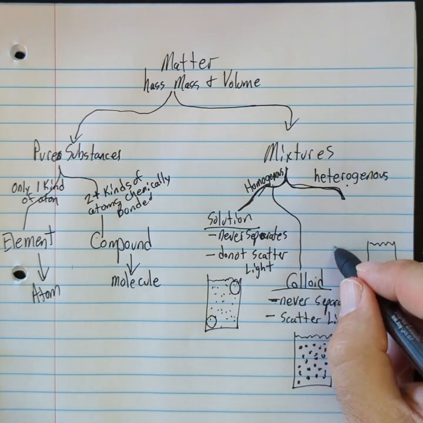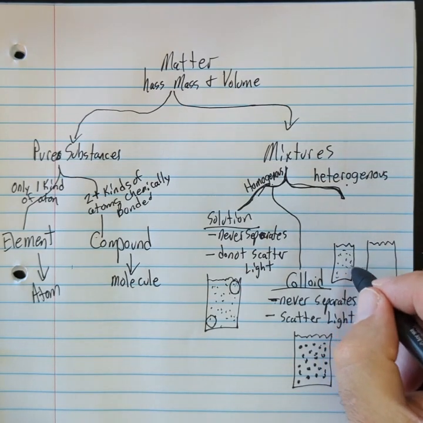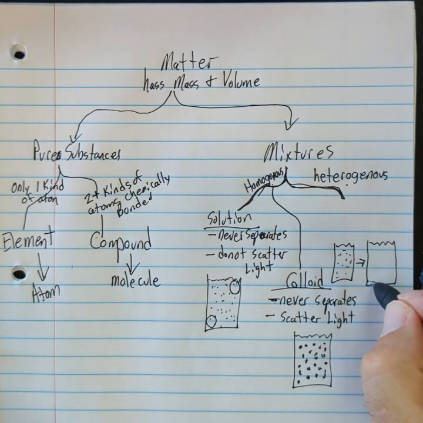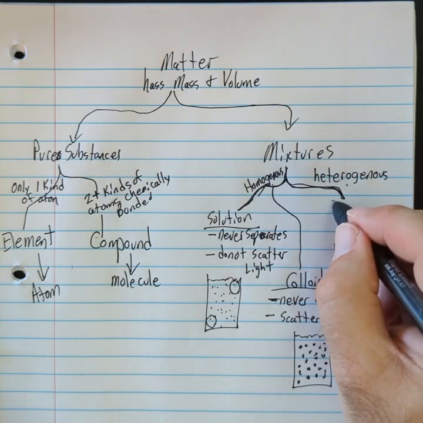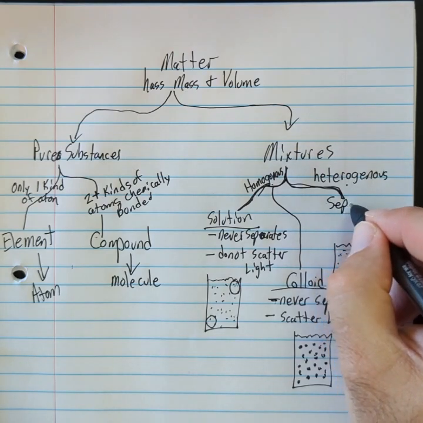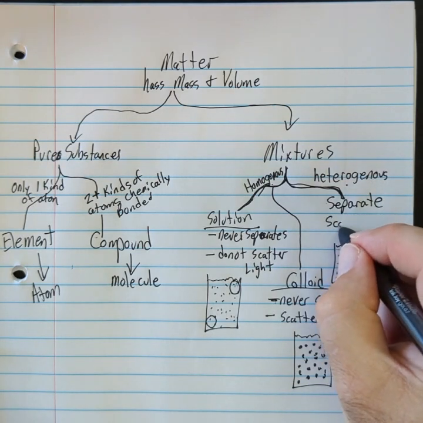It may start off fairly homogeneous, but if you leave it over time, some of that stuff is going to settle to the bottom. Maybe still some stuff up here, but some of it's going to settle to the bottom. So heterogeneous mixtures do separate, and they do scatter light.